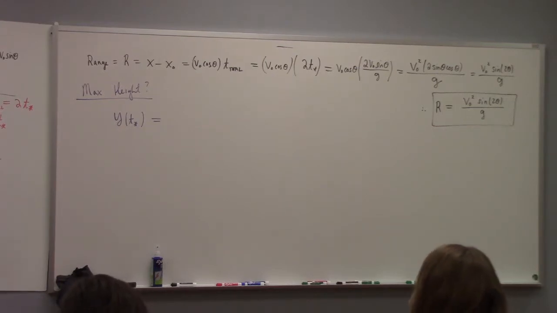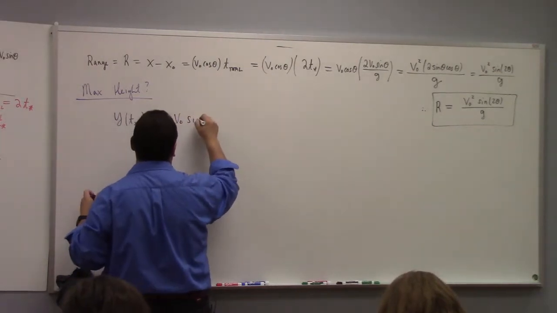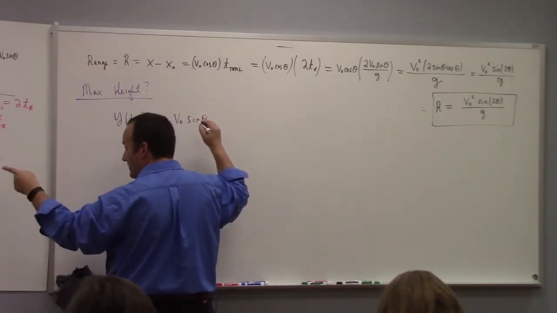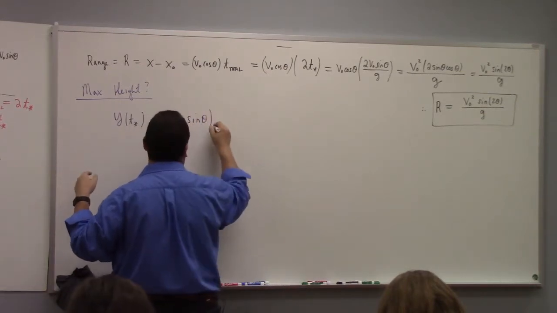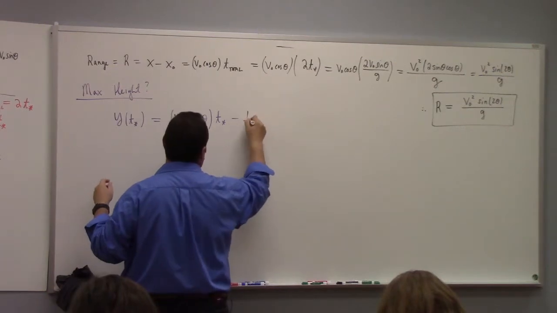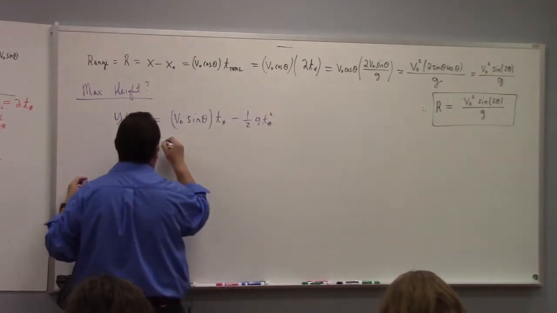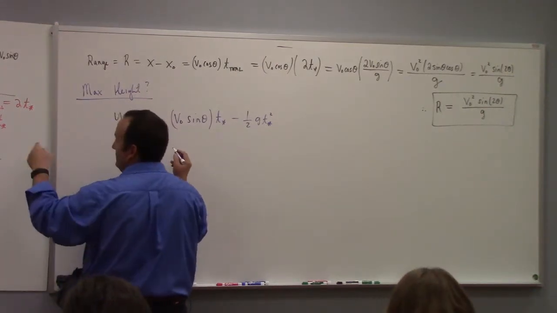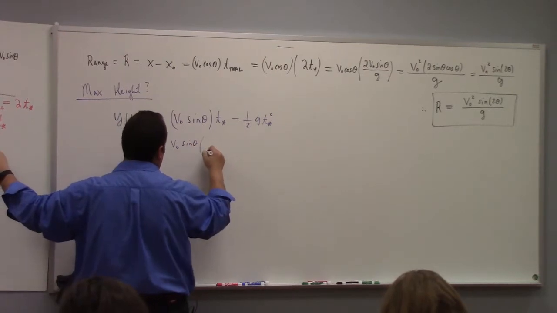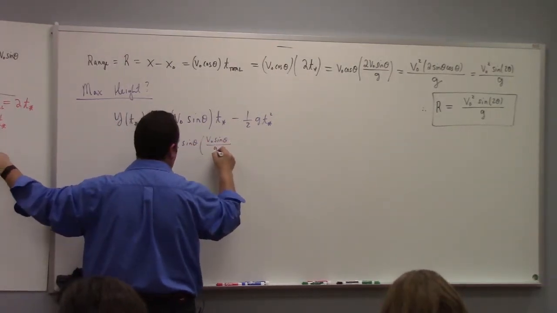And so y of t star is v naught sine theta times t star minus 1/2 g t star squared. And if we plug in t star, what was t star? V naught sine theta over g.